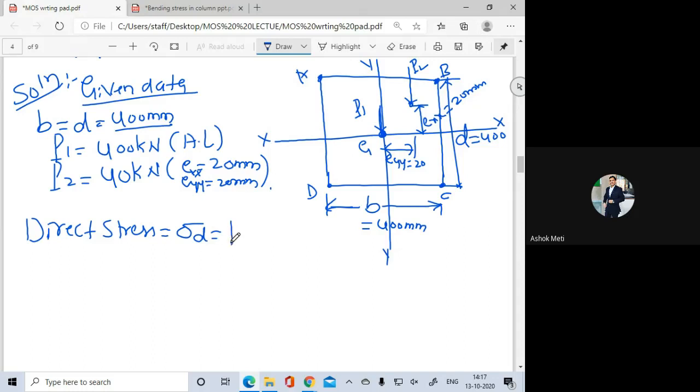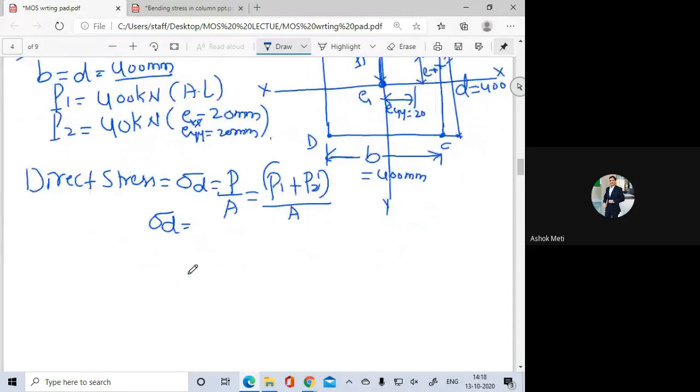P upon A. Here P is nothing but P1 plus P2. Why? Because direct stress will be there for both the loads, axial as well as eccentric. So P1 is 400 plus 40 which is P2, and both loads are in kilonewton, so here I am converting to Newton, divided by the cross sectional area. Cross sectional area is B into D, so it is 400 into 400. Can you tell me the sigma D?